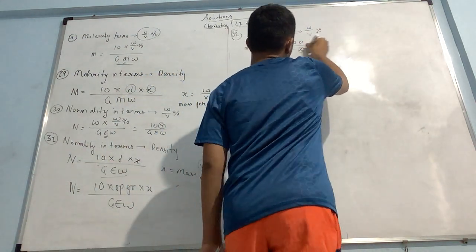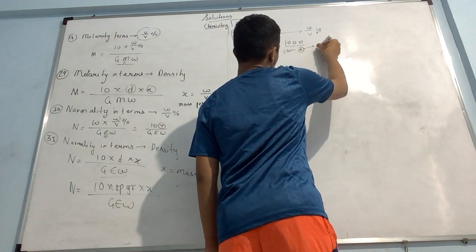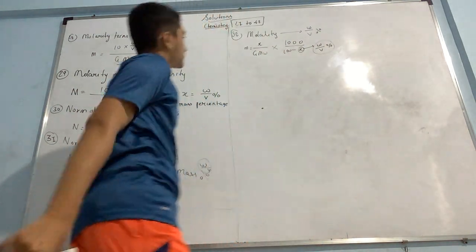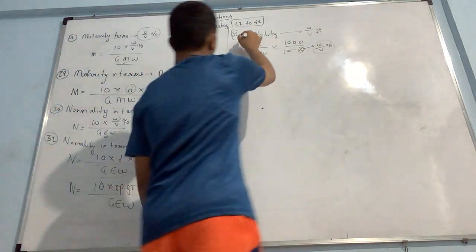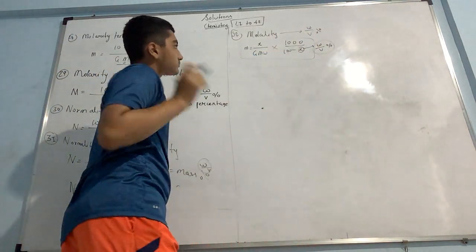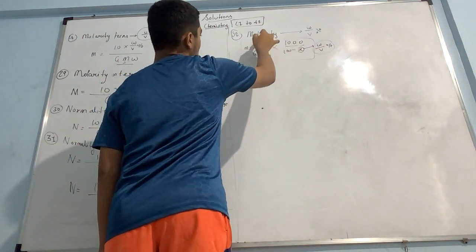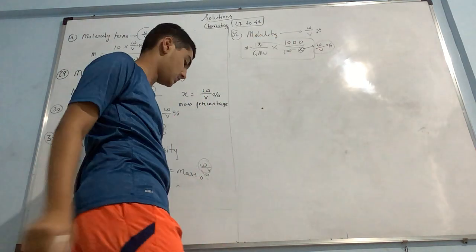Here x represents W/V percentage. Hope you understand? This is an easy formula. Just remember this one and this one. Here also x is representing this.